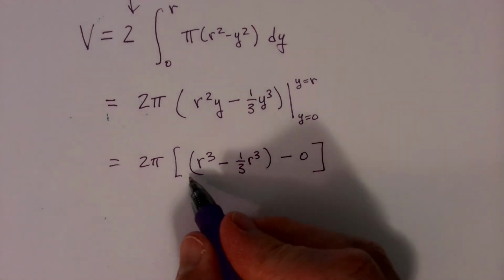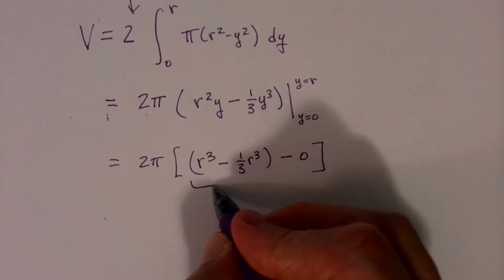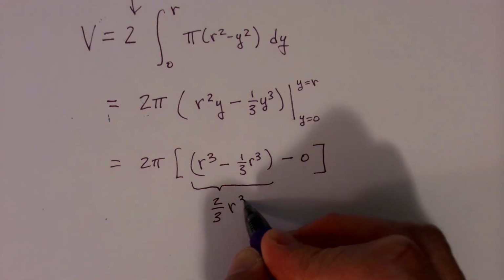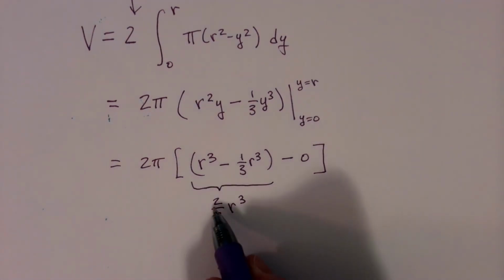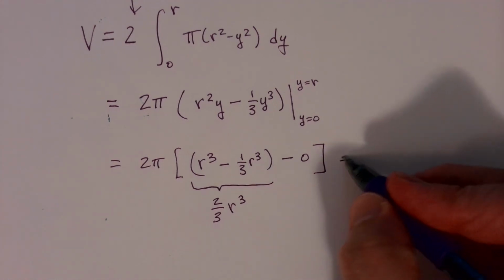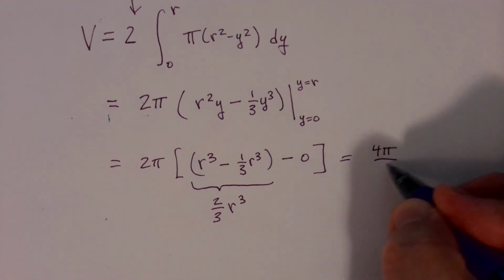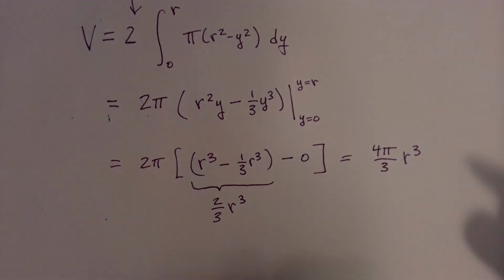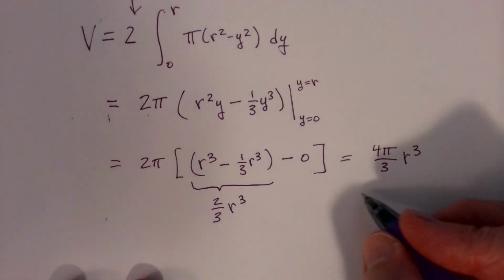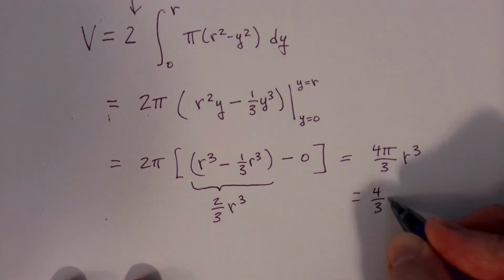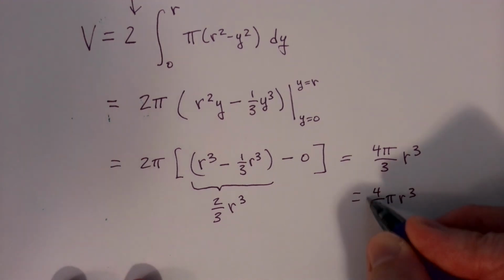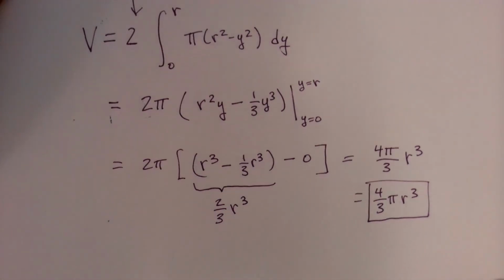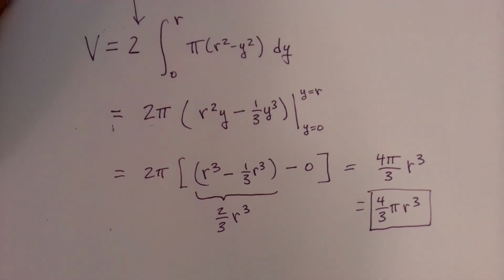And this is r cubed minus 1/3 r cubed. 1 minus 1/3 is what? 2/3 r cubed. 2 pi times 2/3 is 4 pi over 3 r cubed. And if you go back up, I've got 4/3 pi r cubed. That's the same thing as this. And so indeed I have verified and proven the volume of a sphere of radius r is 4/3 pi r cubed.